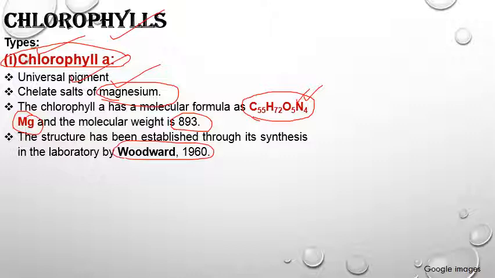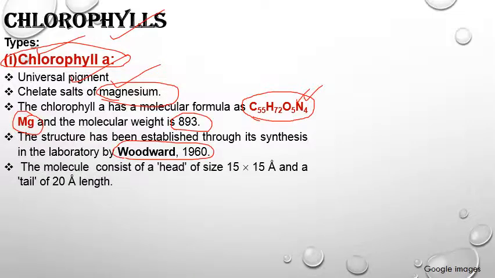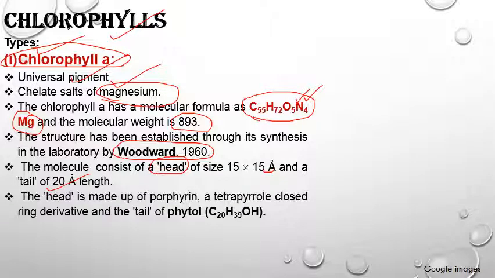So the structure was given by Woodward, and its shape is of tadpole-like, and the molecule consists of a head and a tail. Head is of size 15 into 15 Armstrong and a tail of 20 Armstrong in length. The head is made up of porphyrin ring. Porphyrin ring is formed by a pyrrole ring.